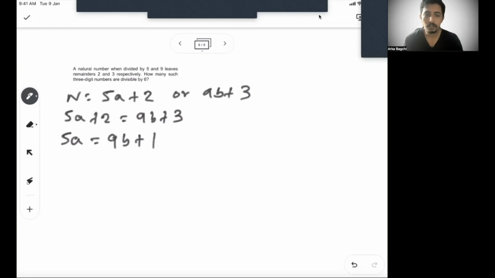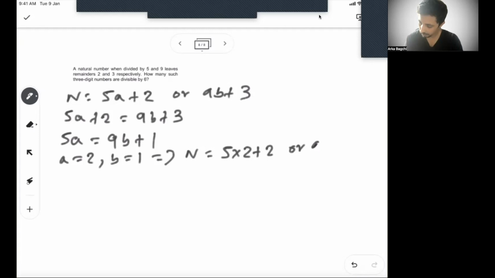So the common thing here will be a equal to 2, and b equal to 1 gives you n equal to 5 into 2 plus 2 or 9 into 1 plus 3. So the n is 12.